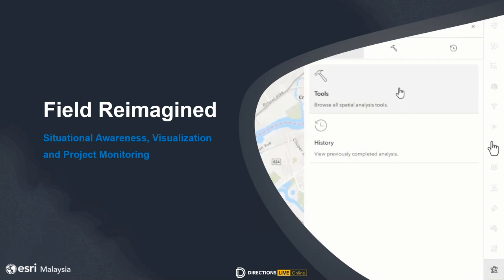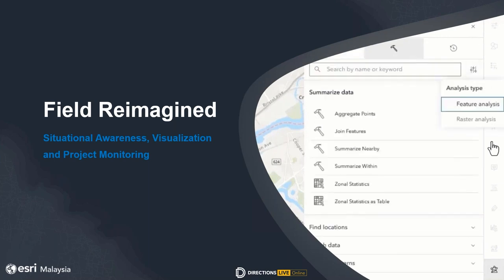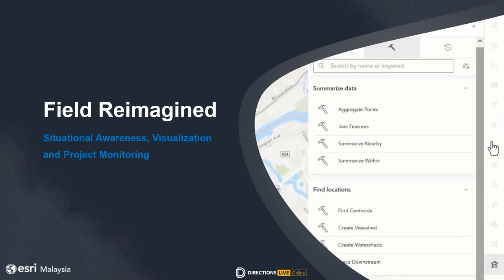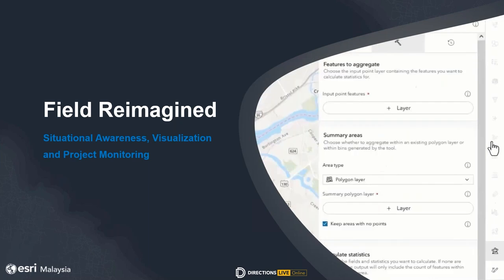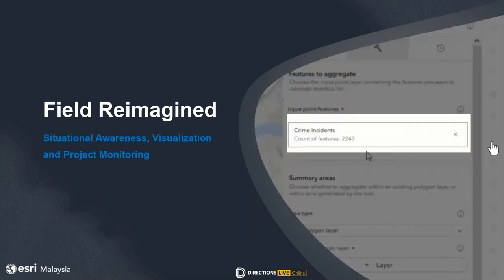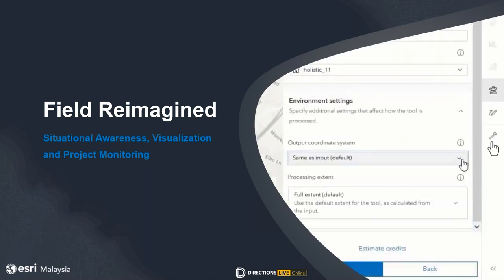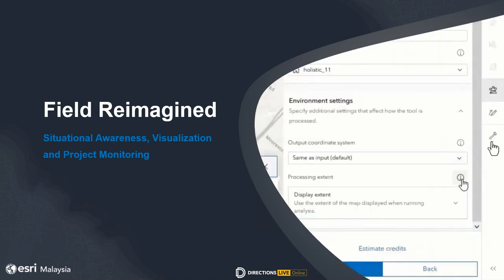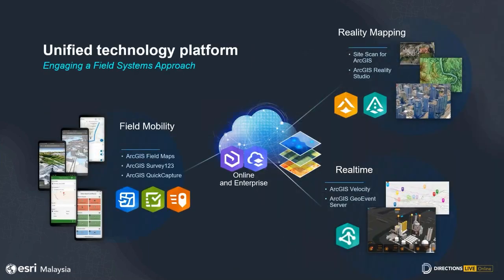Now let's move on to the second solution area, which is field reimaging. By reimaging how we approach field operations, we can ensure that the team has real-time insight and the ability to visualize data in context, leading to more informed decision-making and better project outcomes. ArcGIS provides a powerful platform aligned perfectly with the evolving needs of field operations today.